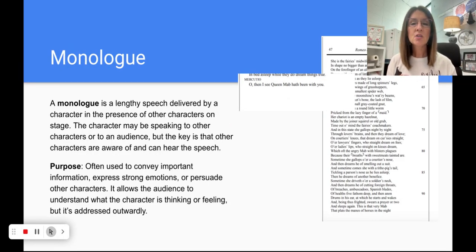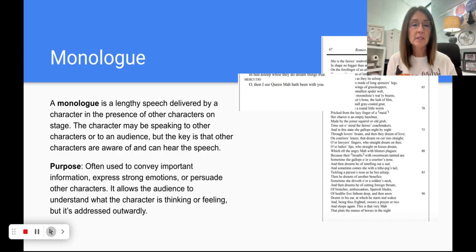Next is your monologue, and a monologue is a lengthy speech. You can see an example here from Mercutio in Romeo and Juliet in his Queen Mab speech. In the monologue, the character can deliver it in the presence of other characters.